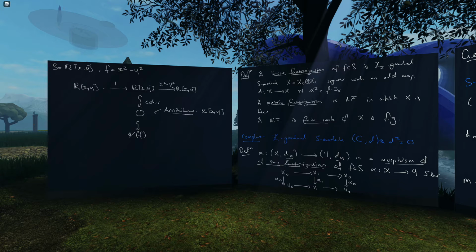And then that gives us the algebraic subset, just the point 0. Right. Okay. Cool.